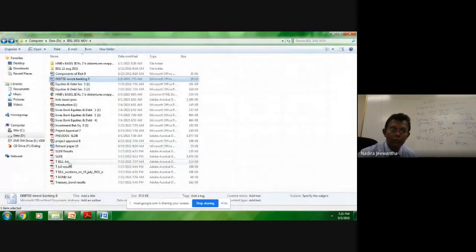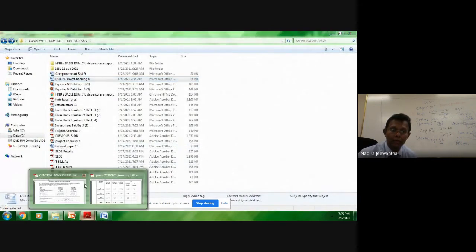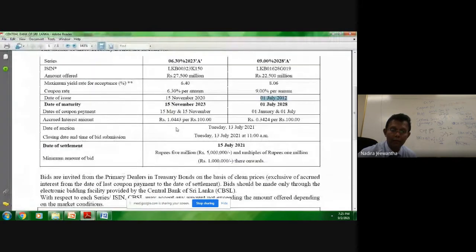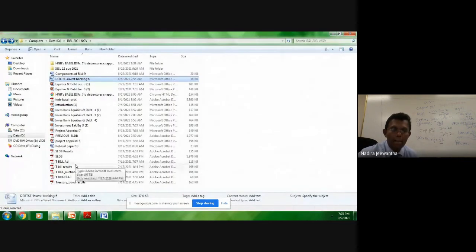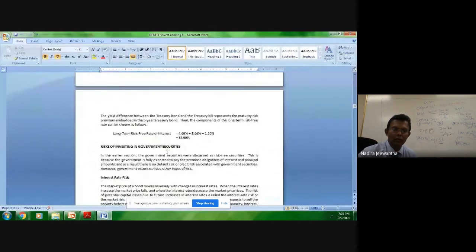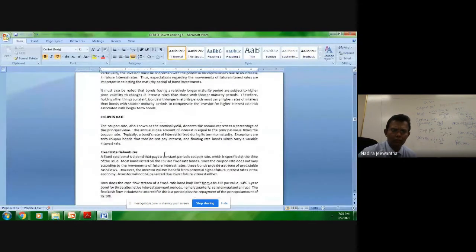So then we had to complete this. Now in this particular advertisement, only the missing part was accrued, and now we know what accrued interest is. And this particular question was very important.